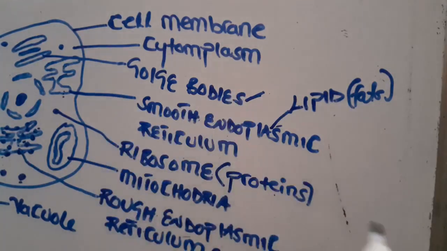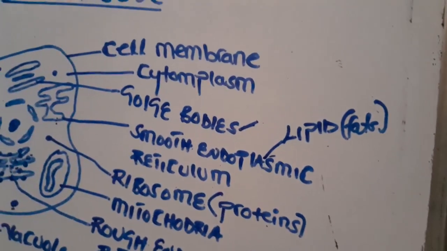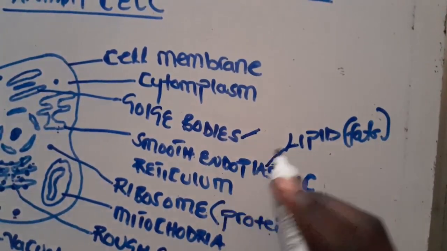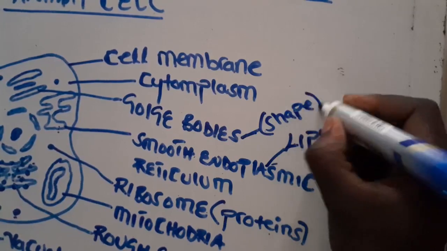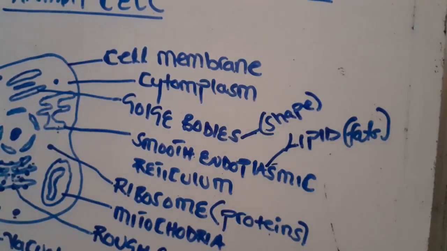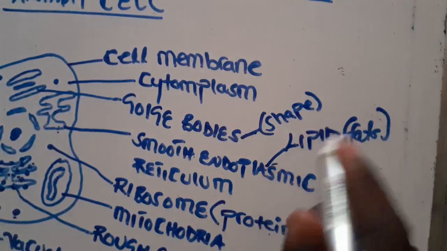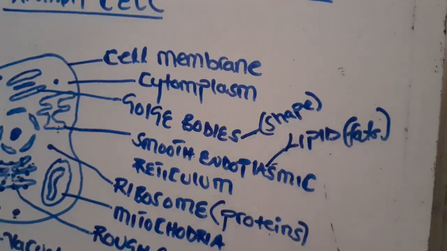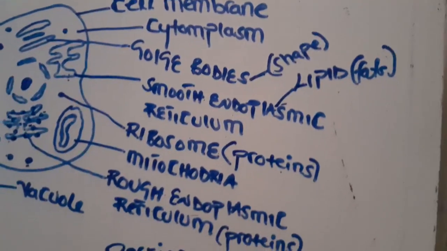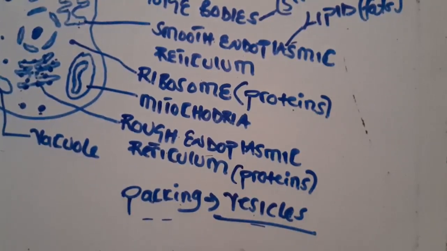So that is the function of the Golgi body: changing the shape of proteins. The same vesicles, which are inside the endoplasmic reticulum but also inside the cell, transport materials from one cell to another.